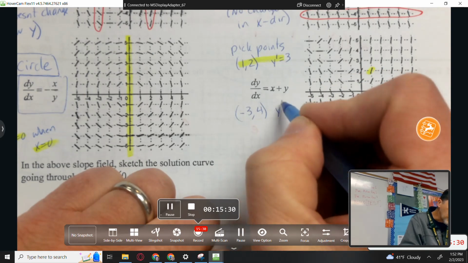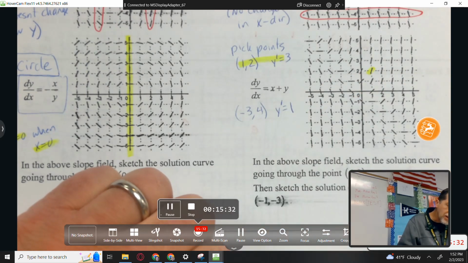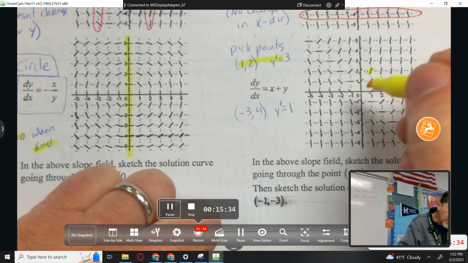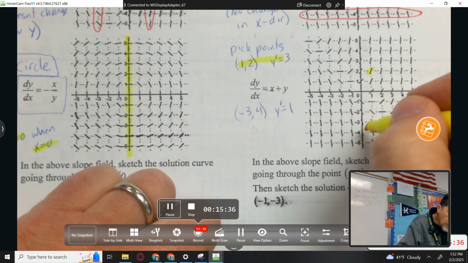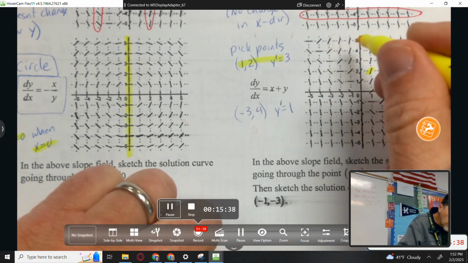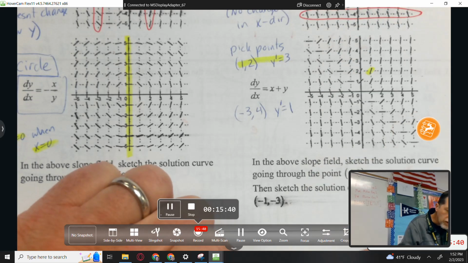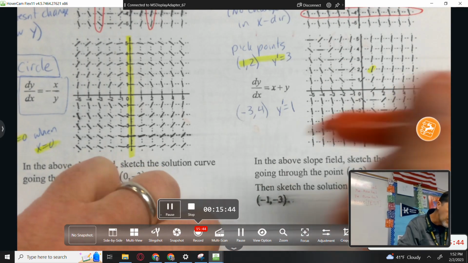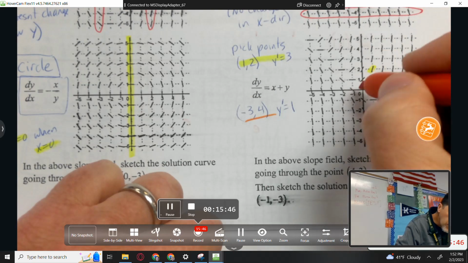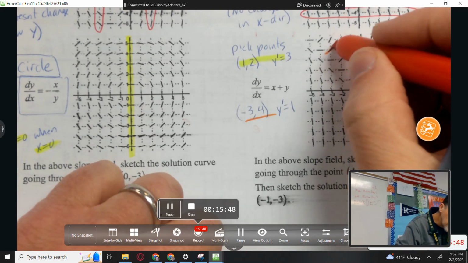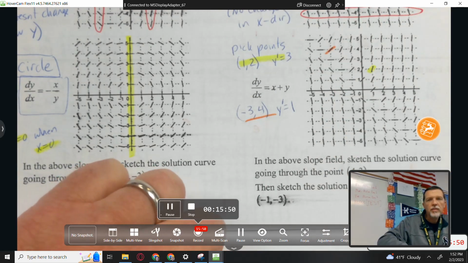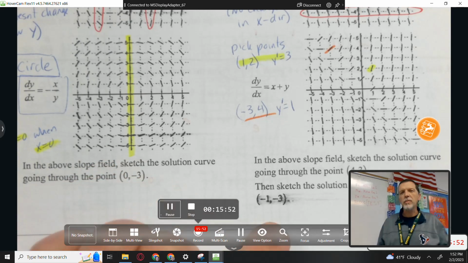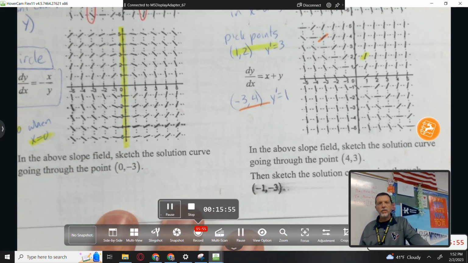That slope would be +1, because all you're doing is adding them together. So at -3, 4, there's our +1 slope. Basically, do a few to make sure it's working.